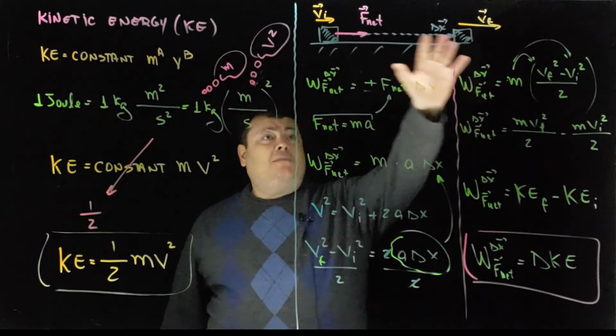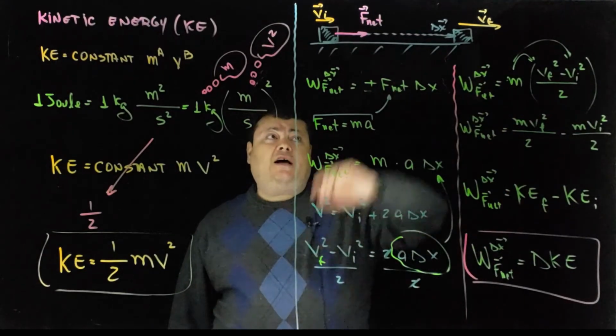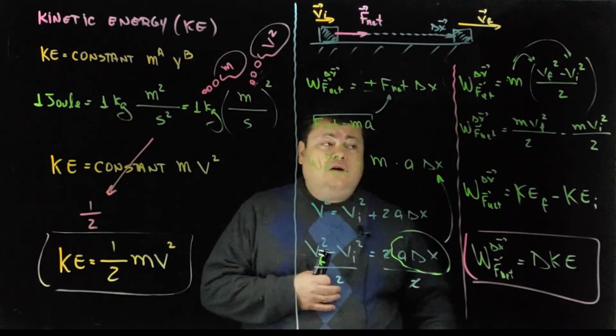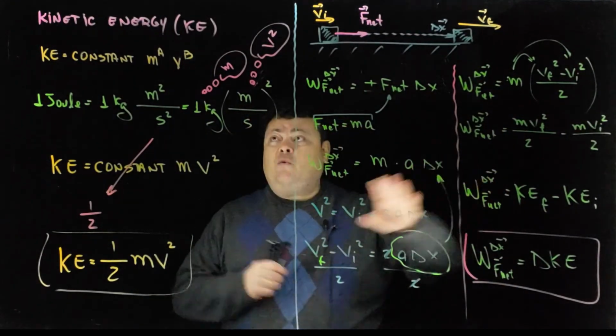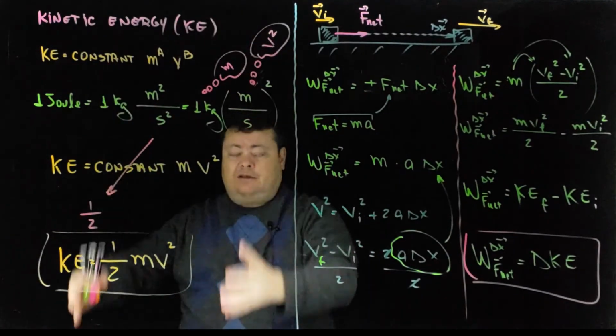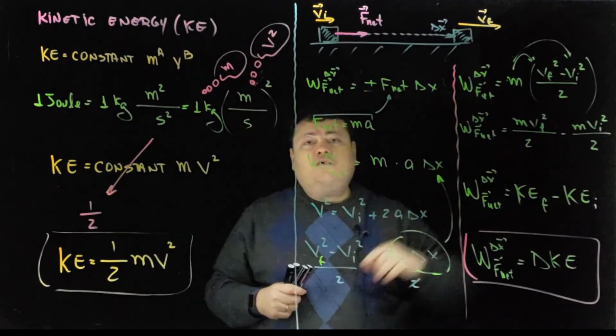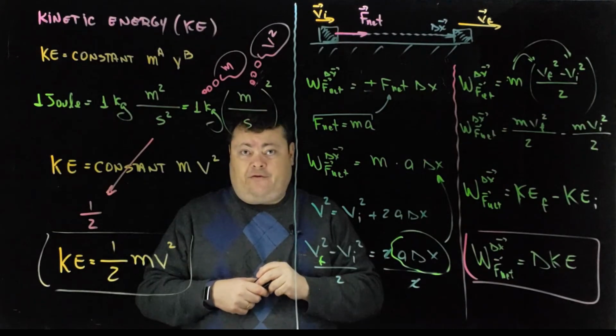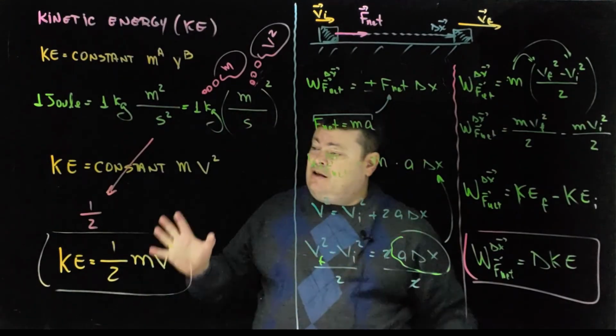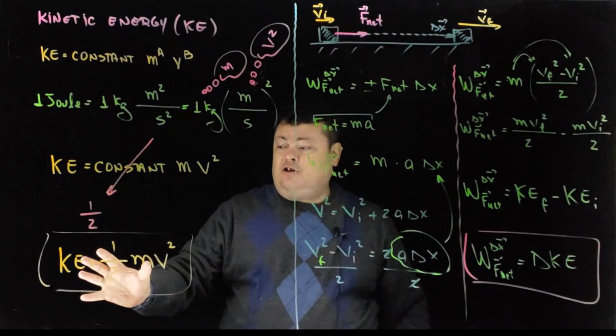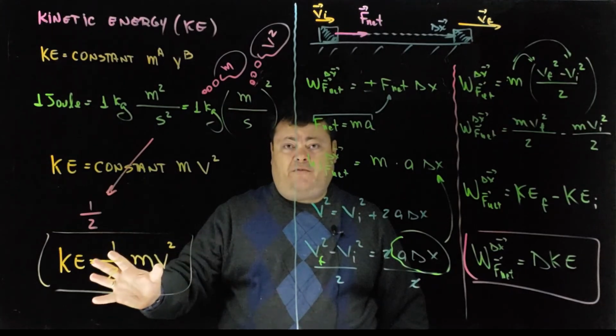Then, by doing some math involving the work done by the net force through a displacement, we got the idea that if I want all of these ideas to be consistent, that constant should be 1/2. And then we finally defined kinetic energy as being 1/2 m v squared.